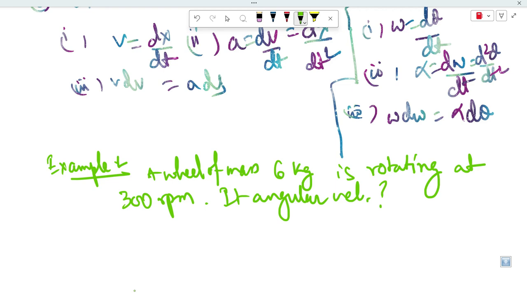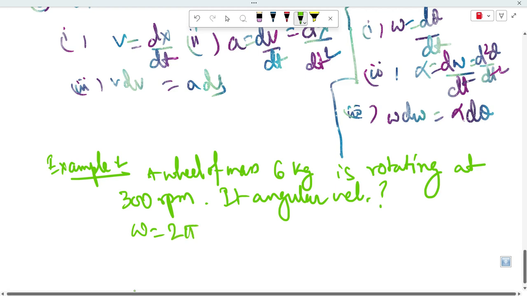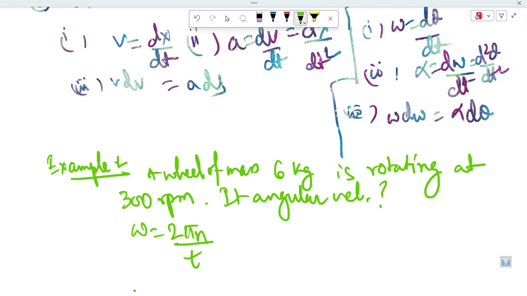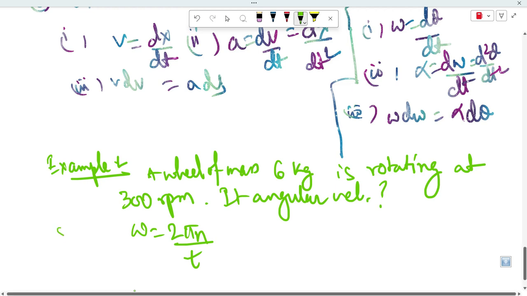You can write omega equal to 2 pi n by t, the same formula we derived earlier, or 2 pi f. So what will be my omega here?